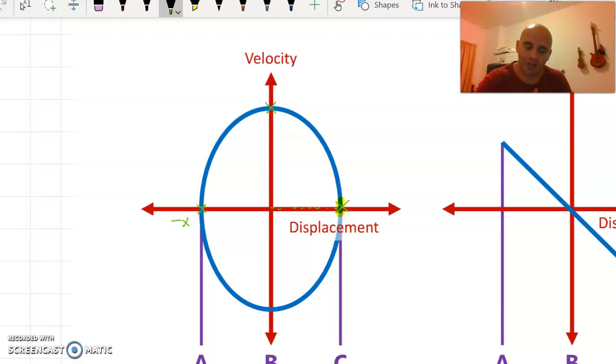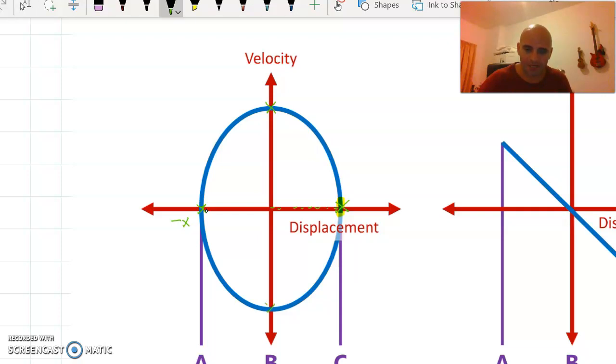So the velocity starts to increase again, but this time, the speed increases. Okay, so as the spring pushes back on the mass, it increases in speed, but the velocity is now negative because it's coming back the way it came.